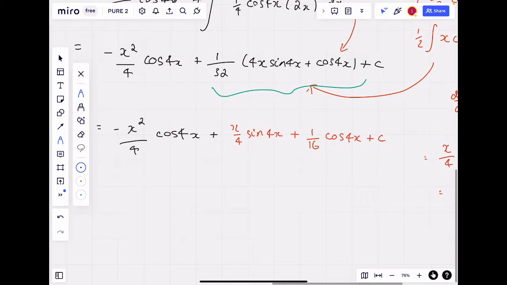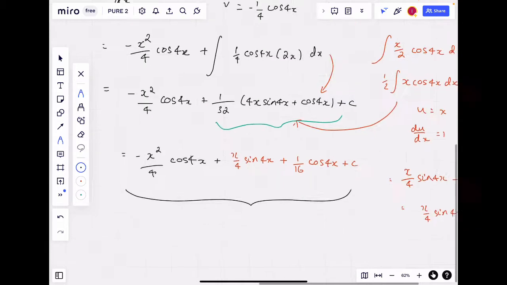That would be your answer. If you left it like this, I would say that's okay. You don't necessarily have to do the whole simplification. I would personally just leave it like this. If you can simplify, by all means.